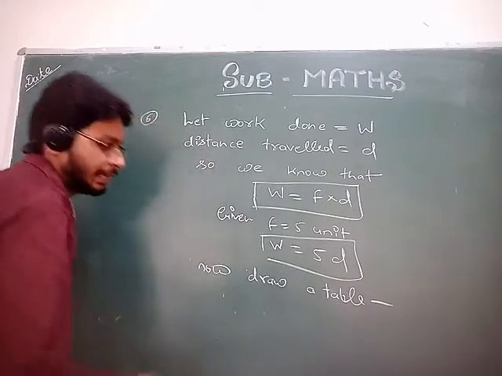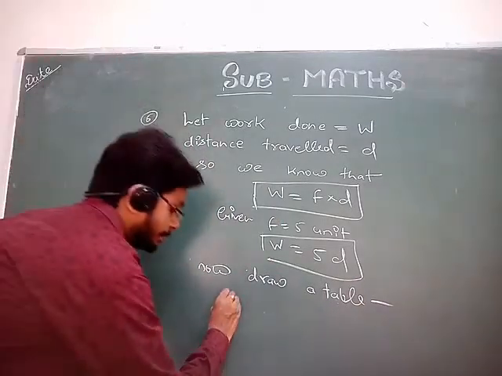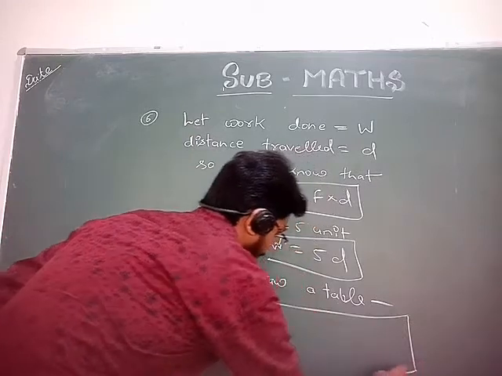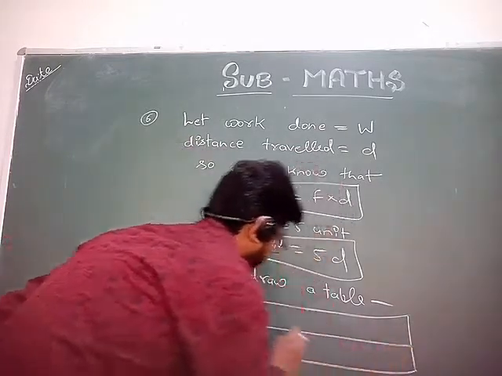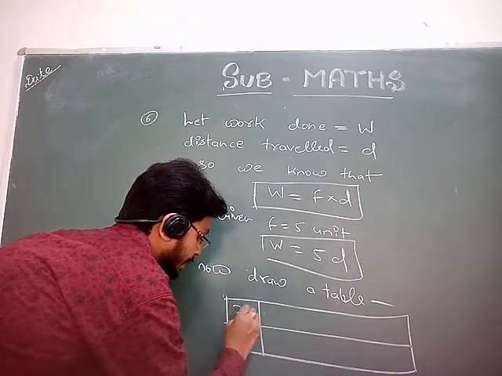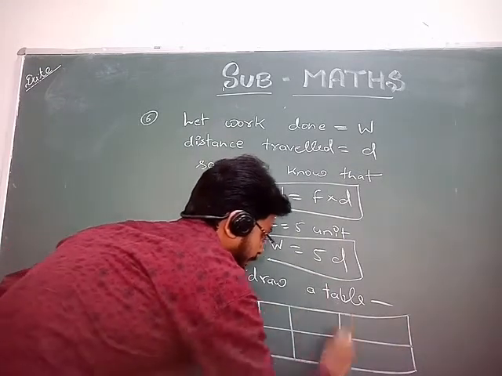So table कैसे draw करेंगे? How will you draw? W is like the x axis and D is like the y axis. You can interchange the axes x, y.